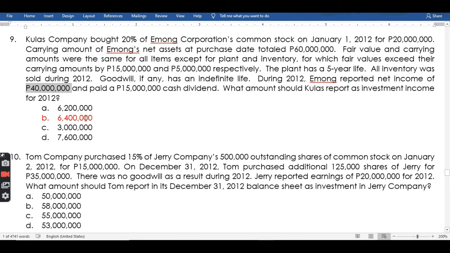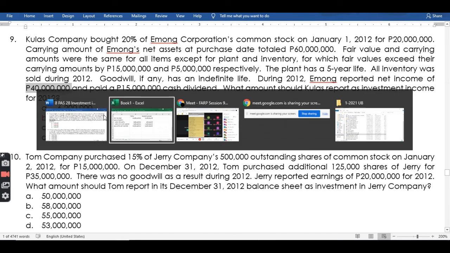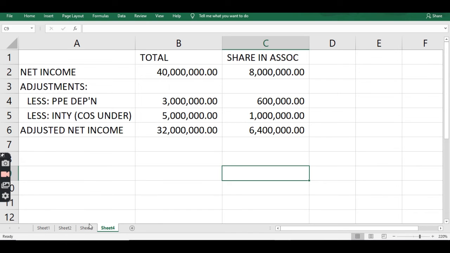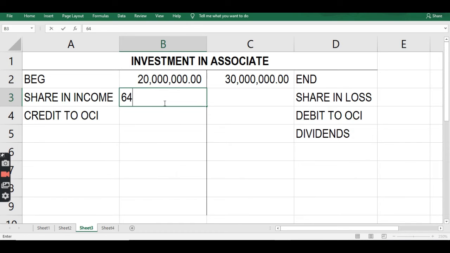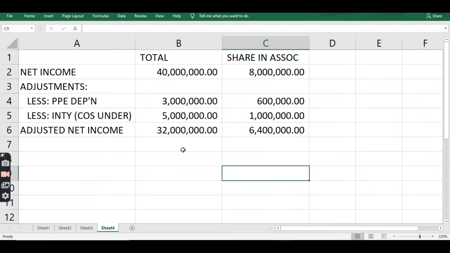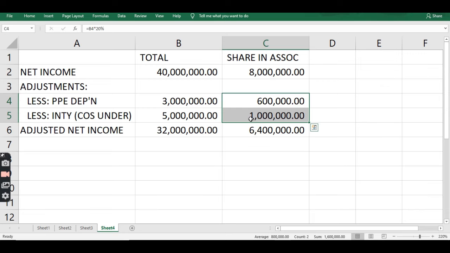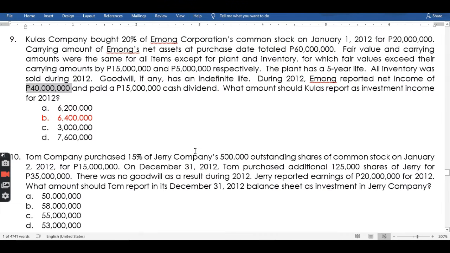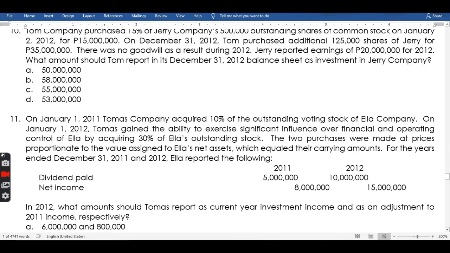Yun na yun, 6.4 na yung sagot dun. Okay? So, ito na yun. So, pag ililipat natin ngayon dito, 6.4 to. Yun. So, 26,400 ang ending balance ng ating investment in associate because of the result of the operations here. So, take note, ang mangyayari, i-adjust mo yung initial na net income mo doon sa mga adjustments based on understatement or overstatement. Okay? Yan.